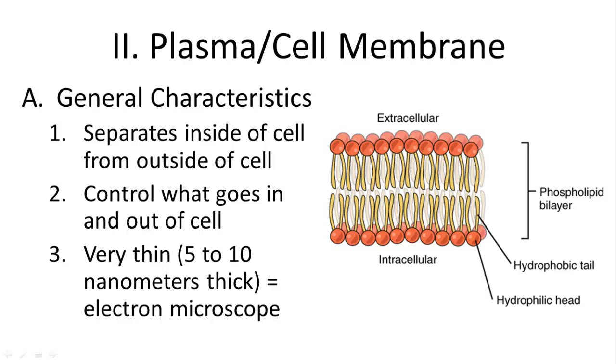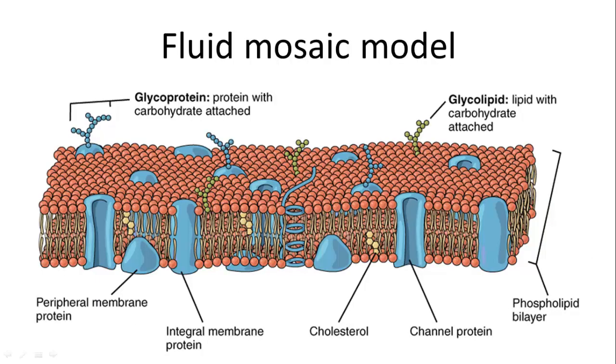Now the structure of this cell membrane follows what we call the fluid mosaic model. It's fluid because even though we draw it in these 2D images where things are just kind of stuck where they are, that's not actually what happens.